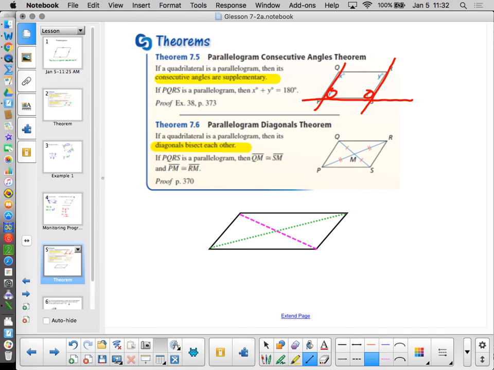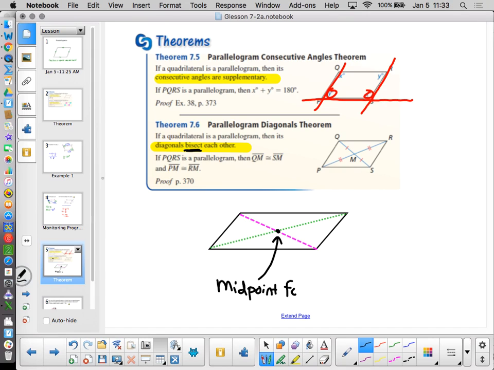Let's, again, talk about what that means. The word bisect means cut in half: bi, two, sect, cut, okay? So that means at this point where the diagonals intersect, this point right here is the midpoint for both diagonals.